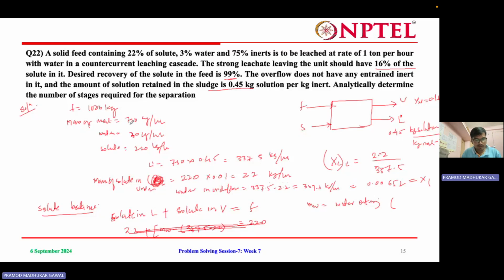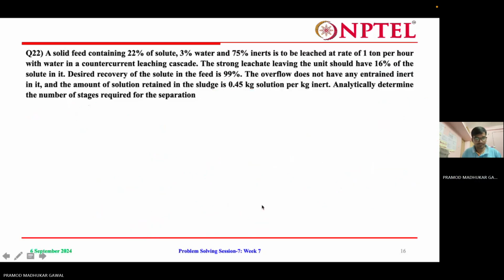Now we have to come to the solute balance. So solute in the underflow plus solute in the overflow equal to the solute in the feed, right? So solute in underflow is 2.2.